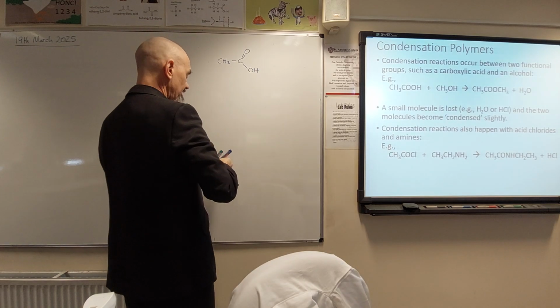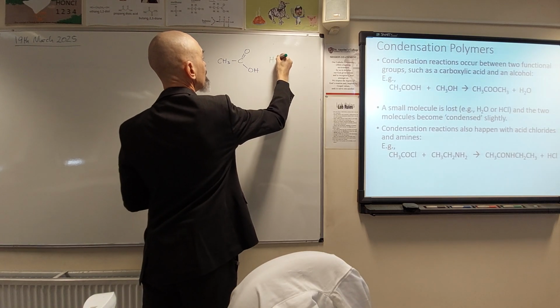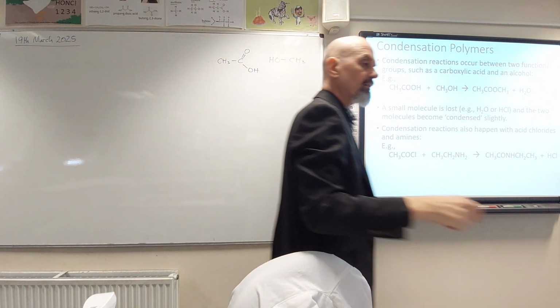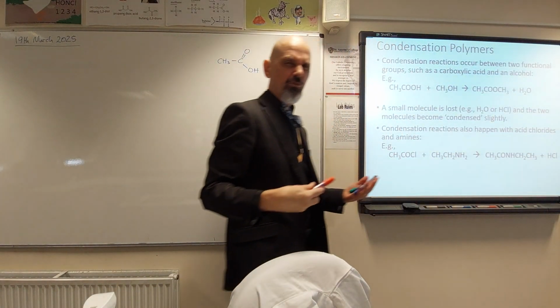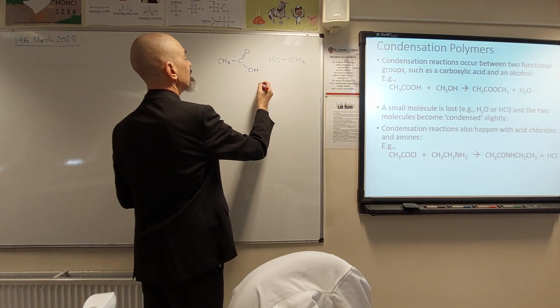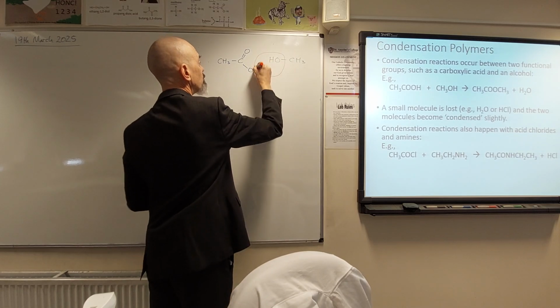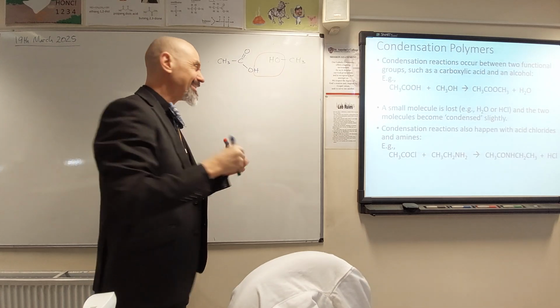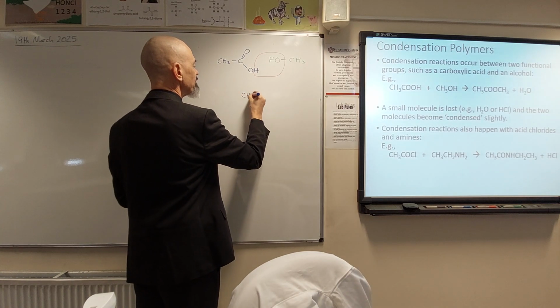The ethanoic acid and the methanol react by losing, there's always a small molecule that's lost. In this case, it's water. And we talk about the structures being condensed slightly as they move together.